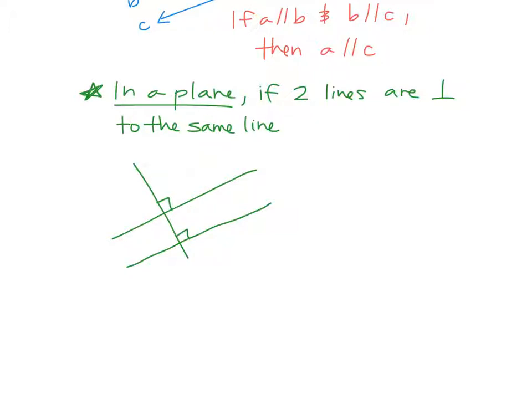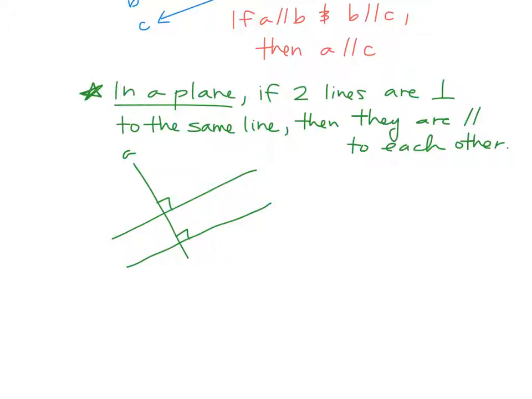So if 2 lines are perpendicular to the same line, we'll call that line A. They're both perpendicular to line A. What is true of the 2 lines? They're parallel, okay? So if 2 lines are perpendicular to the same line, then they are parallel to each other.